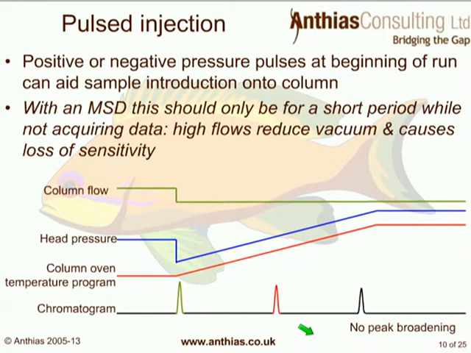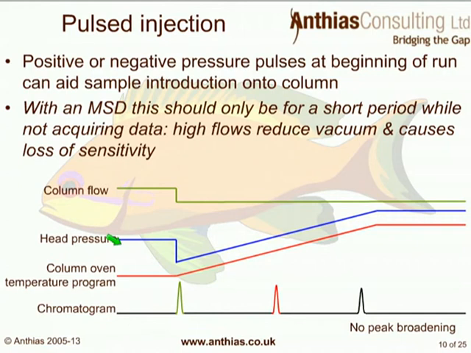Talking about sample introduction, which we will discuss in more detail in a minute, we could introduce our sample with either positive or negative pressure pulses at the beginning of the run. So in the first section here, we'll be transferring the sample from the inlet onto the analytical column. We could increase our pressure during that time, which would result in a faster transfer.